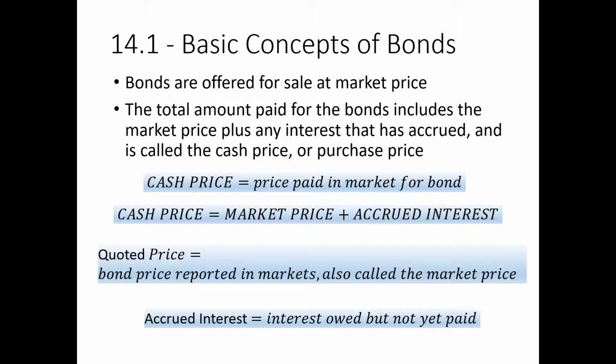Okay. And again, that accrued interest is just interest that is owed, but it's not yet paid. The interest is only paid on the coupon payment dates, but it sort of gathers up as time goes on. It's just paid every 6 months or every quarter or what have you, depending on how the bond is arranged.